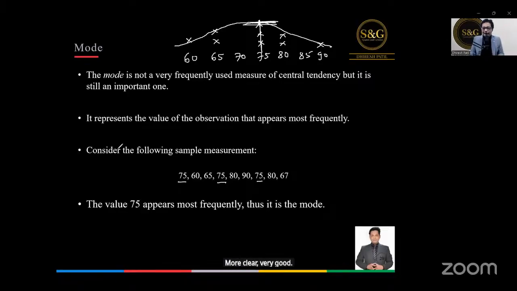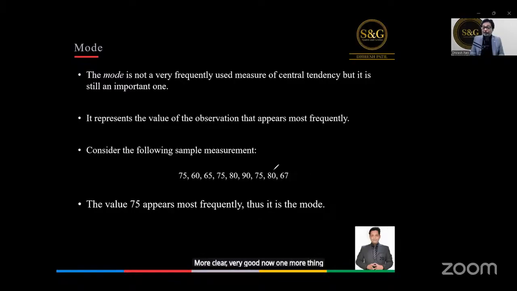Now, one more thing. What if I have got another 80 here? So I have got 3 80s now, 1, 2 and 3. So I have got 3 75s and 3 80s. In that case, it is called a bimodal distribution.